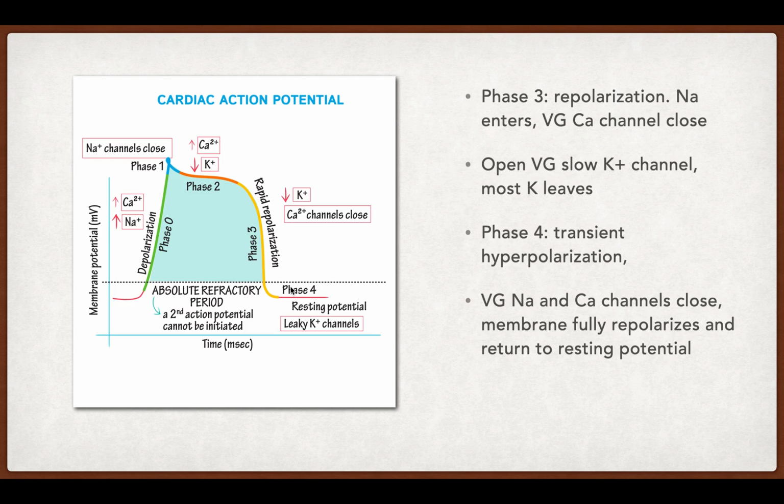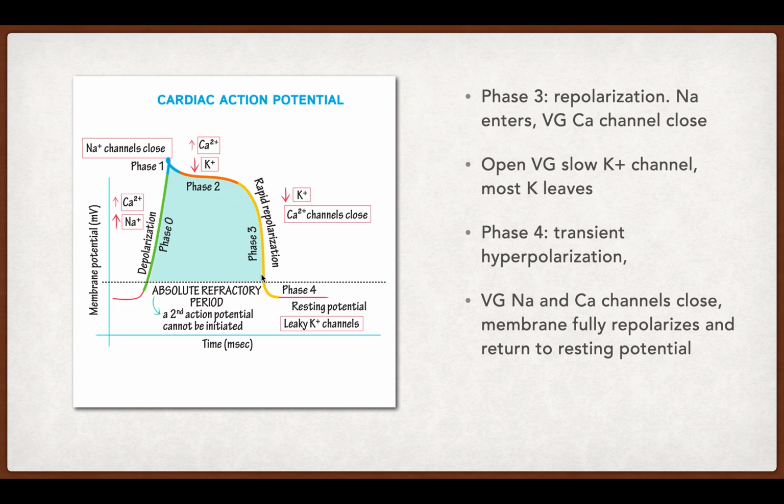So the voltage-gated sodium channel closed, and then the membrane fully repolarizes and returns to resting potential. And I know that sounds like a lot of repetition, but it's really important to get this stuff in your mind. So phase 0, depolarization. Phase 1, initial repolarization. That's when the sodium channels close, but the potassium channels open, so potassium can leave. Potassium continues leaving, and then the calcium channels close, and then potassium comes back in due to the leaky channels.